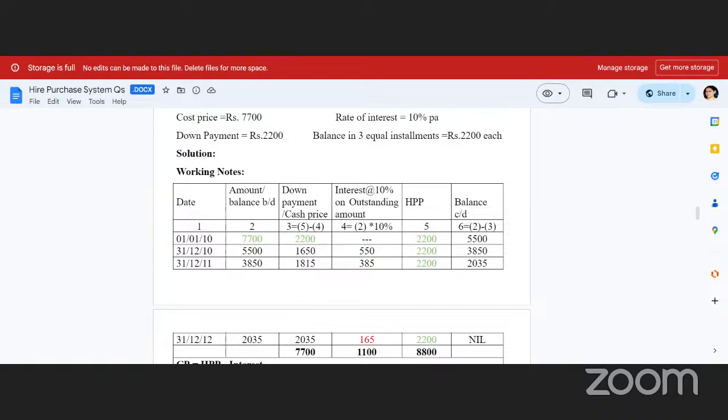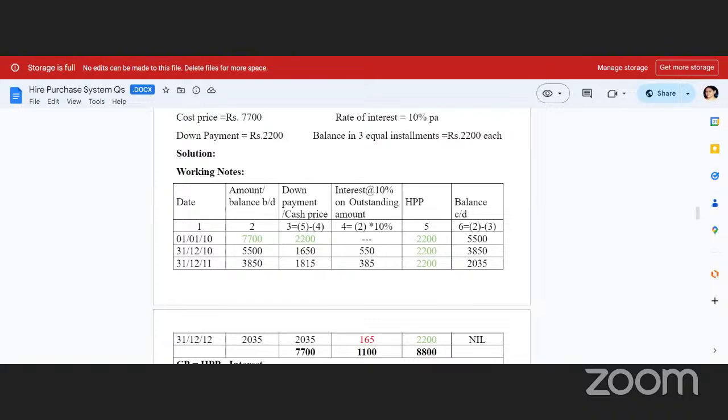See here, the down payment column: column 5 value minus column 4 value. Column 5 value is 2,200 minus 550. So how much will you get? 1,650. Are you getting it? So your installment amount includes 1,650 rupees of principal amount and 550 of interest.